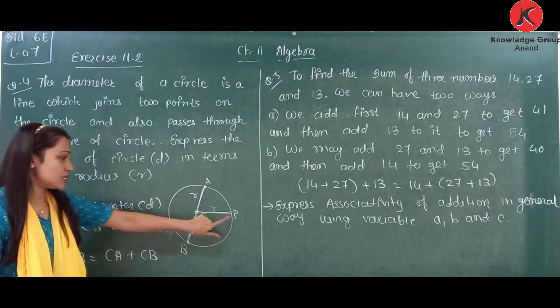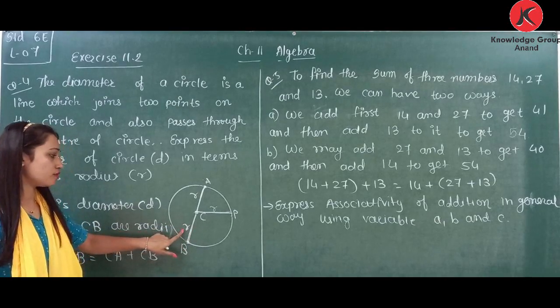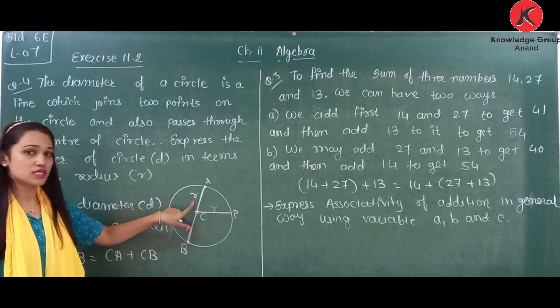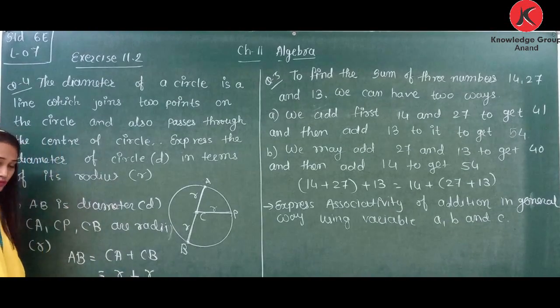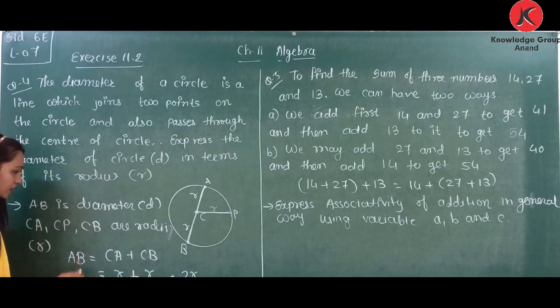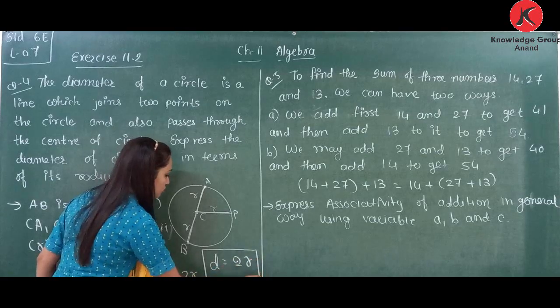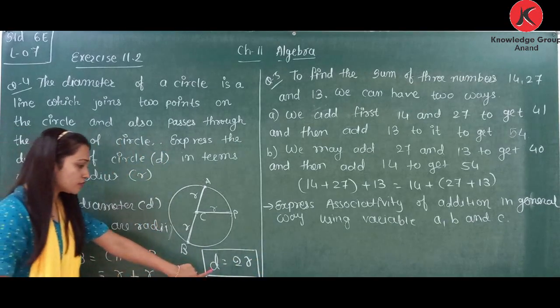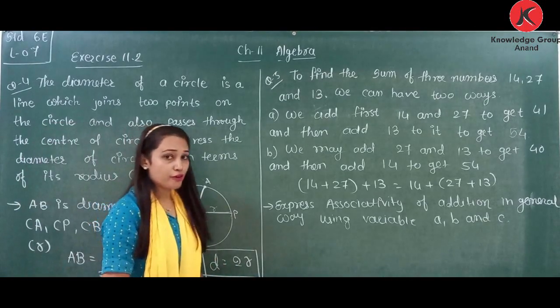So here CP is equal to CA is equal to CB. So we can consider the general alphabet R as the radius. So here we can write R plus R, and R plus R is 2R. So if we consider AB, that is D, it is equal to 2R. So this is the diameter of a circle in terms of radius. Clear? Now question number 5.